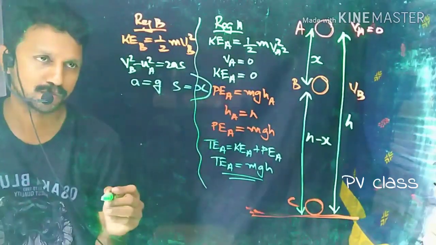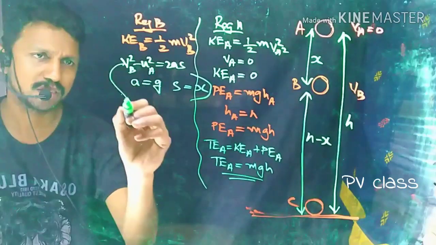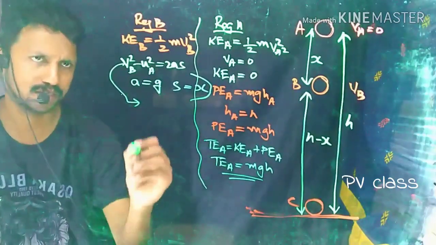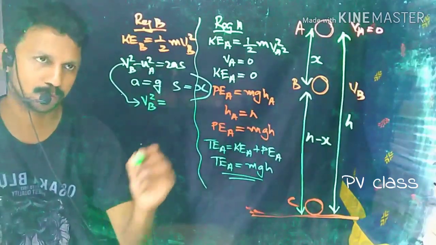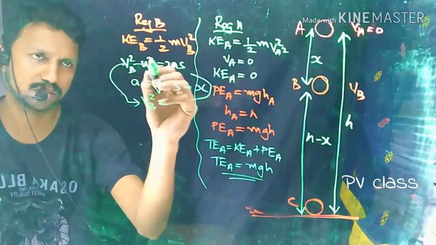Therefore, this equation can be rewritten as Vb square is equal to 2gx, since this is 0.